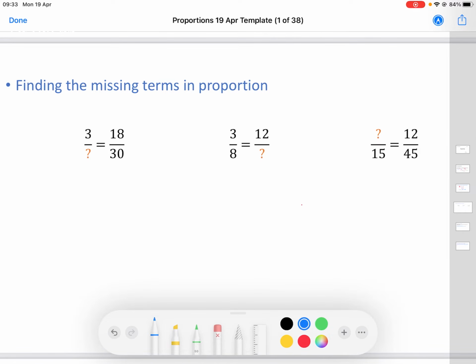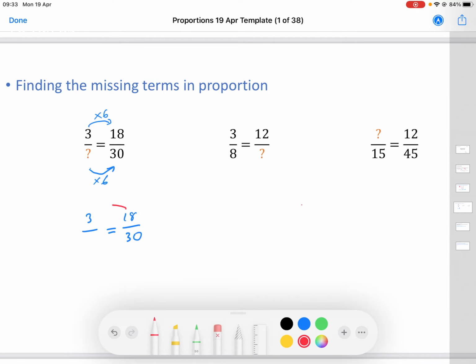How many 3's will make 18? 3 times 6 is 18. Therefore, which number when you multiply by 6 we get 30? Or the other way we can do is 3 over something is equal to 18 over 30.